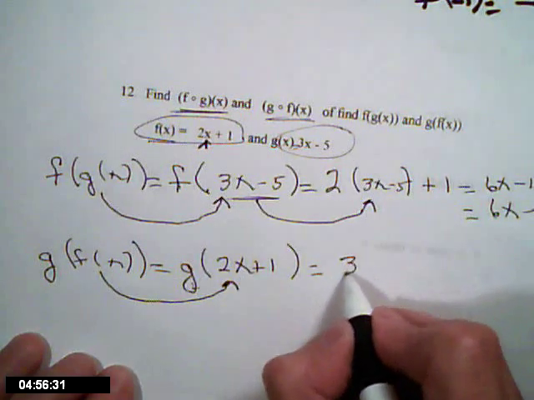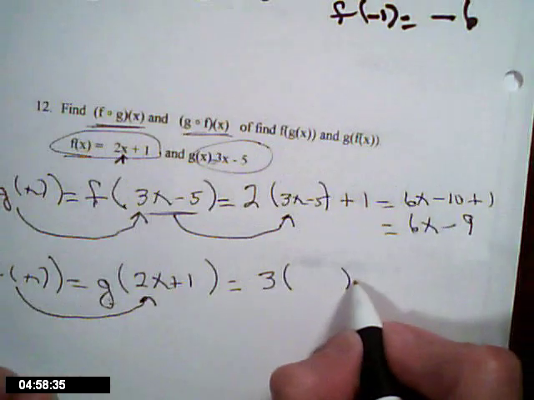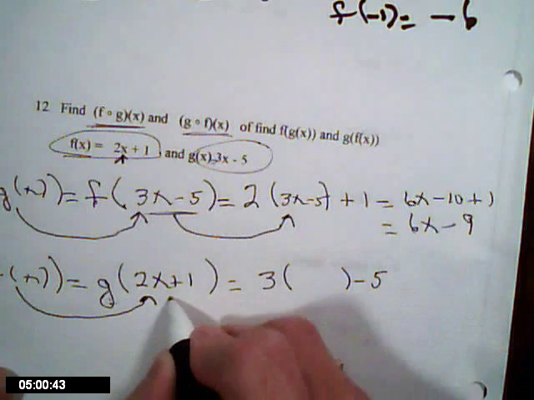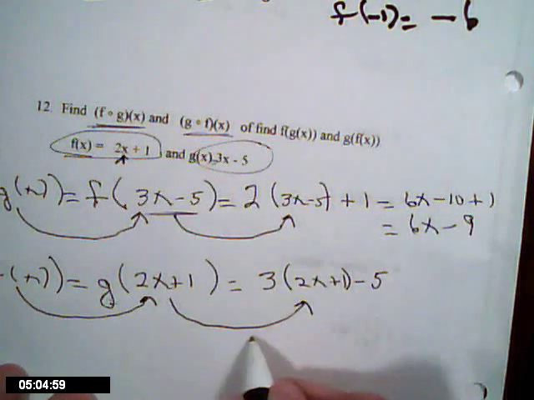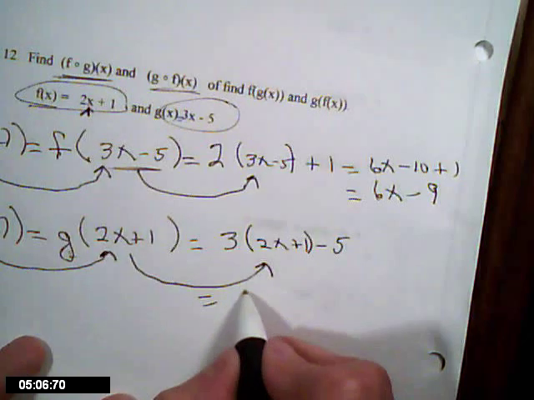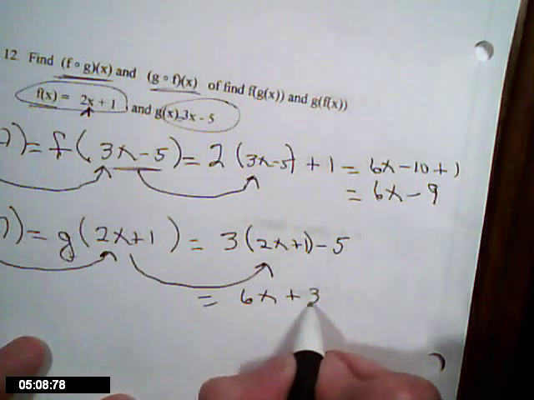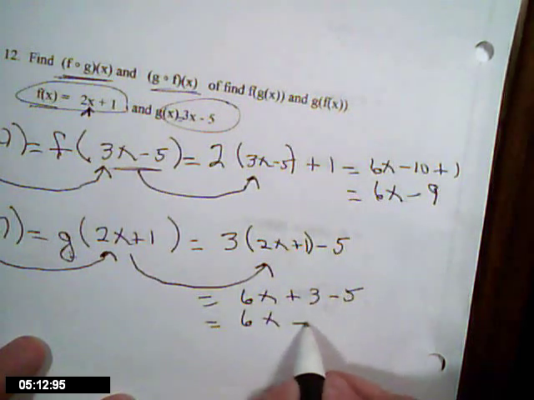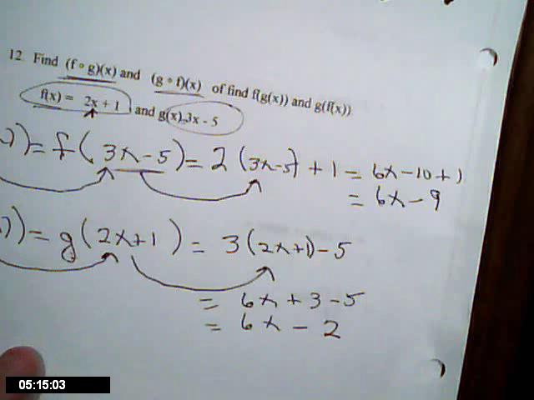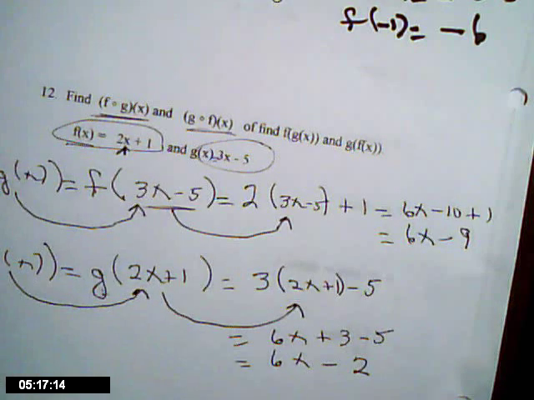It says 3 times x minus 5, but this value goes in place of x. Now if we multiply, we have 6x plus 3 minus 5, or 6x minus 2. If you think about this as nested parentheses working from the inside out, it will seem easier.